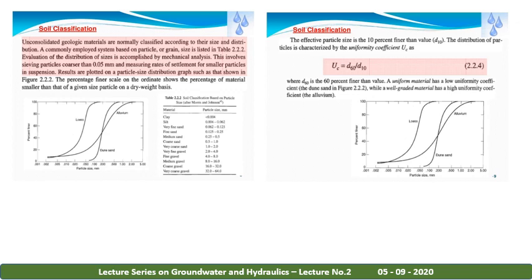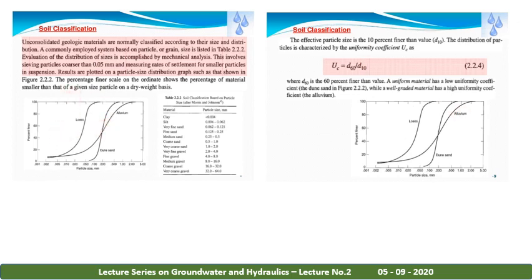This involves sieving particles coarser than 0.05 mm and measuring rates of settlement for smaller particles in suspension. Results are plotted on a particle size distribution graph, such as shown in this figure.